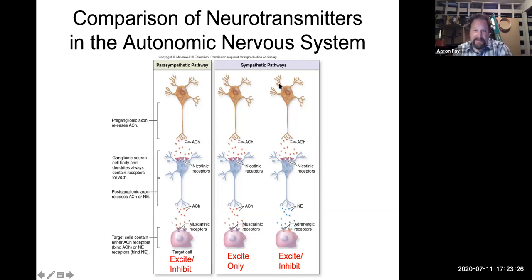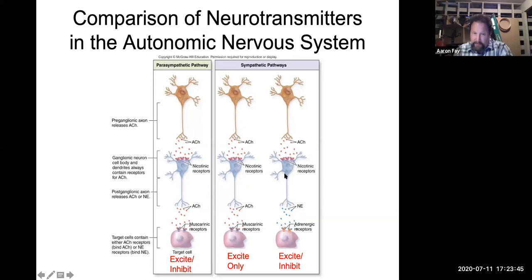Now, in the case of the sympathetic division, our postganglionic axon can release either acetylcholine or norepinephrine. If it releases acetylcholine, it can only excite the effector. No inhibition, only excite.